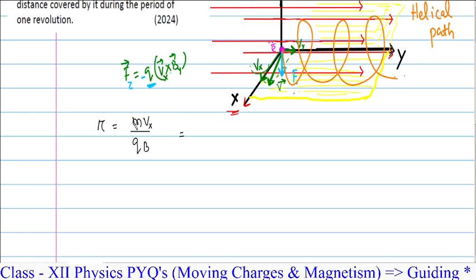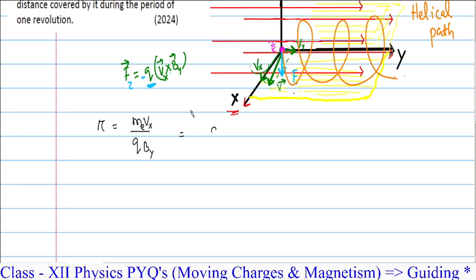Here, mass of electron, velocity along x, q that is the charge of the electron, and this magnetic field B. The magnetic field is along the y-axis, that is given, so no problem. So we'll try to find the radius.